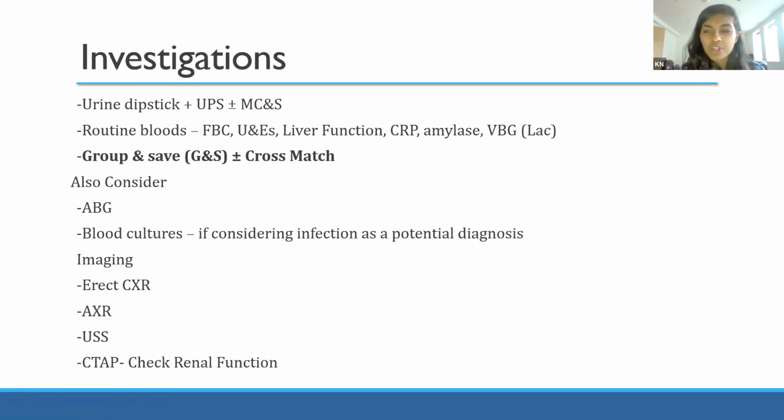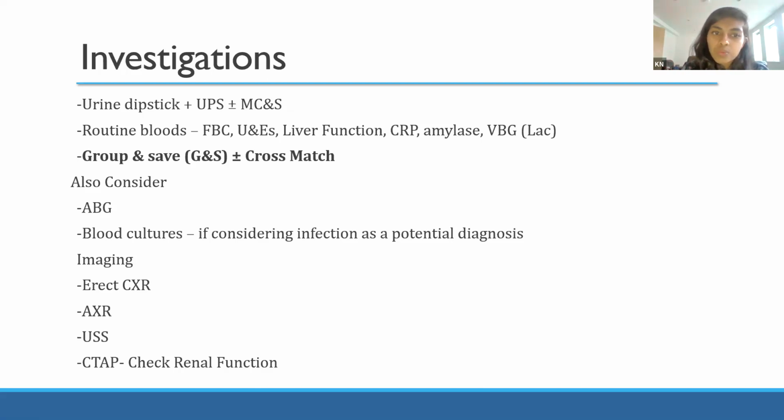If the lactate is starting to creep up, you start worrying that they're not able to compensate for the increased stress of having this infection or a perforation or whatever the pathology is. For example, bowel ischemia classically presents with incredibly high lactates, and that will make you worry.